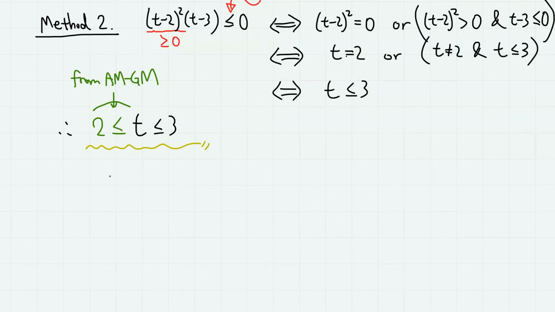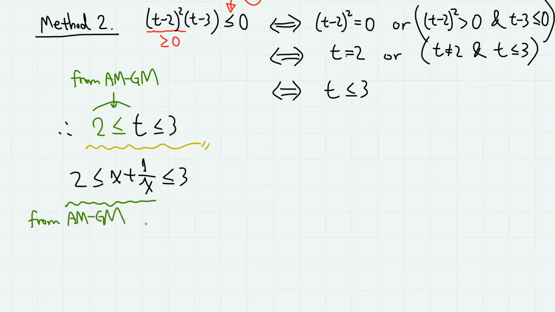Right, so now let's switch t back into x, so we have x plus 1 over x in this range. However, this part comes directly from the arithmetic mean geometric mean inequality, which holds for all positive values of x, so we only have to deal with this part.